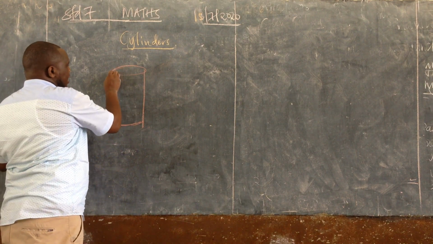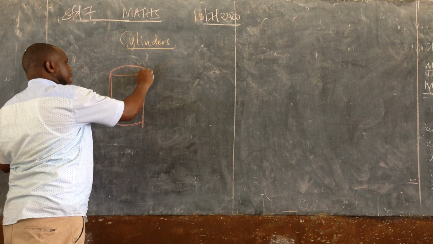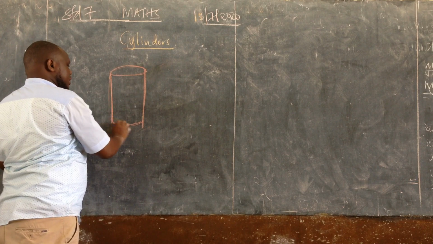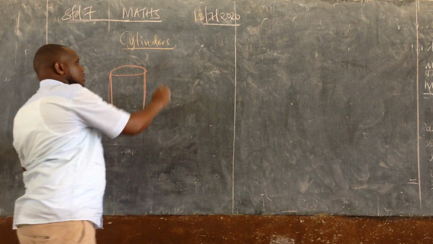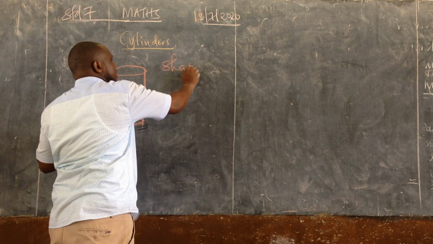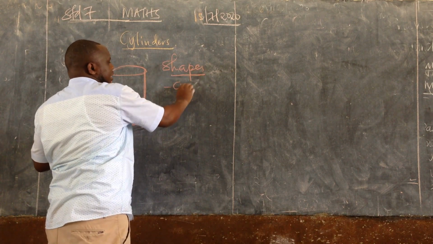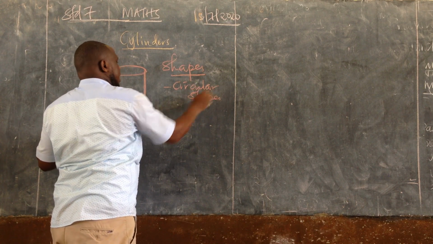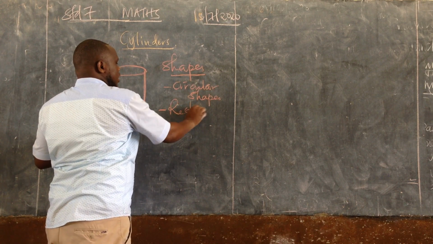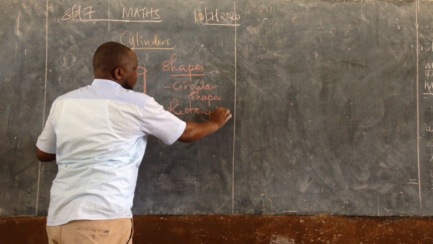And a cylinder, just like we saw in cuboids, also has some faces. Let me talk about shapes in a cylinder. There are circular shapes, and there's a rectangle or rectangular shape.